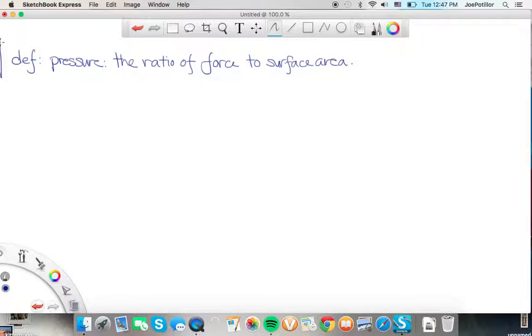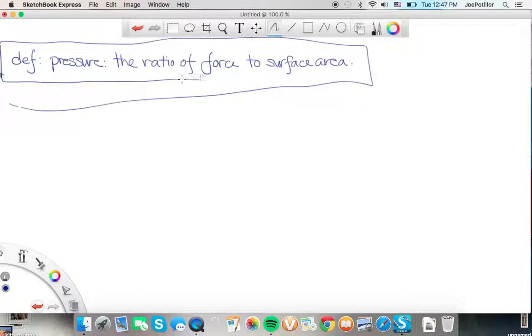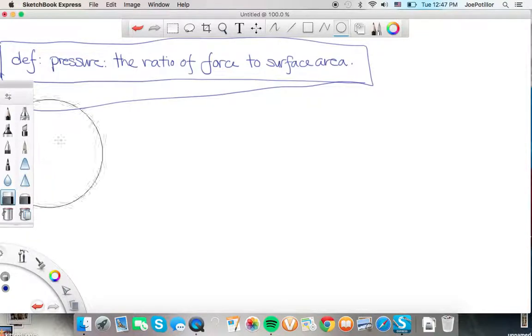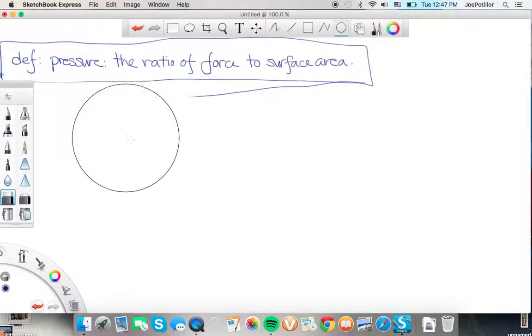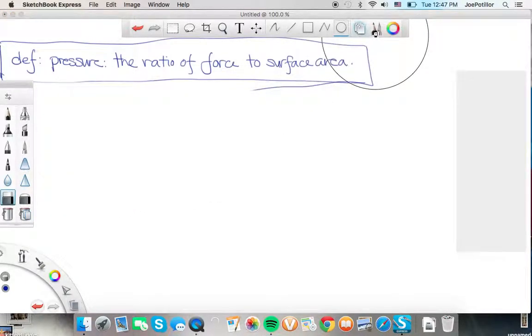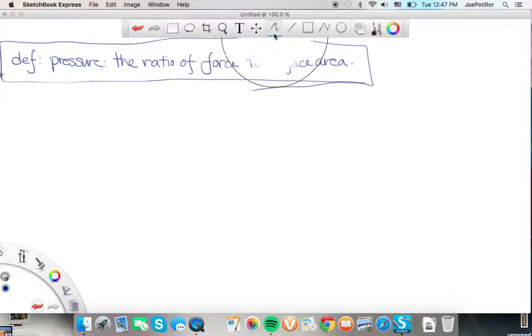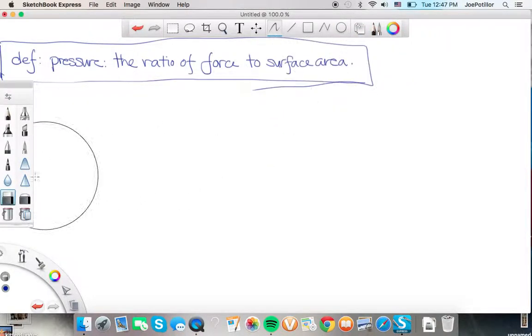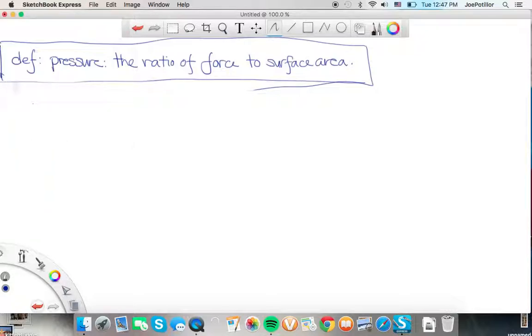Oops, this is an ugly box, but it'll have to do. Okay. Hold on. Okay. And of course, the ratio of this pressure is equal to force divided by area, like that.